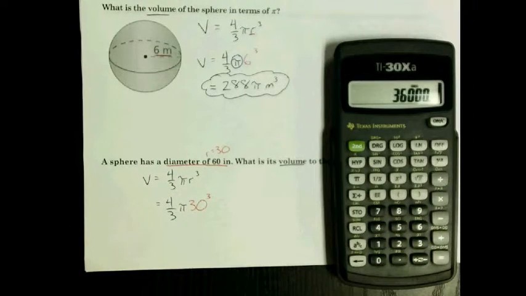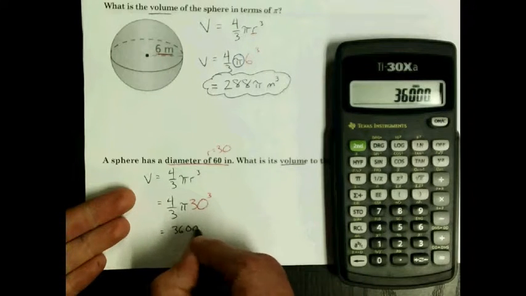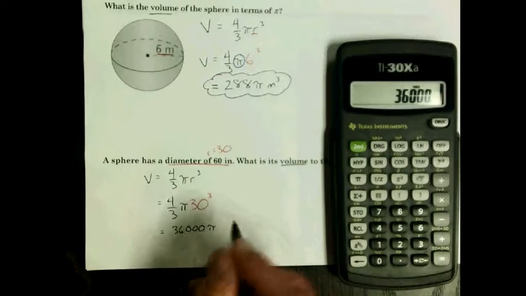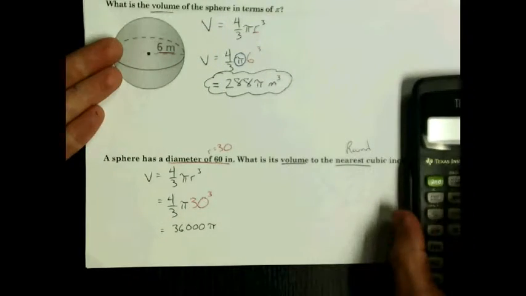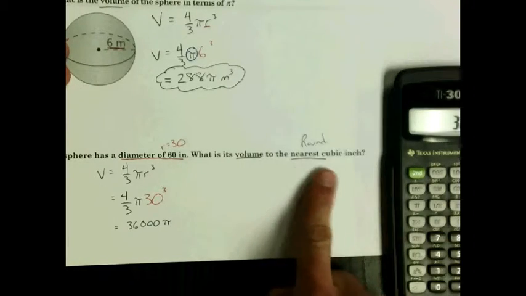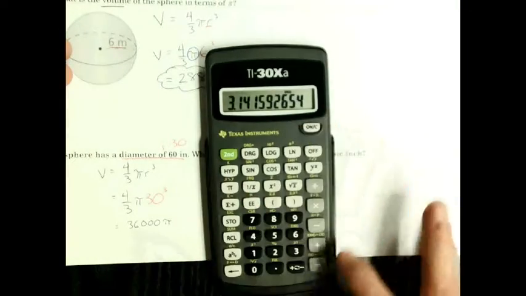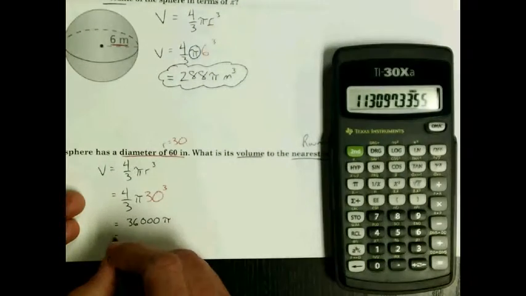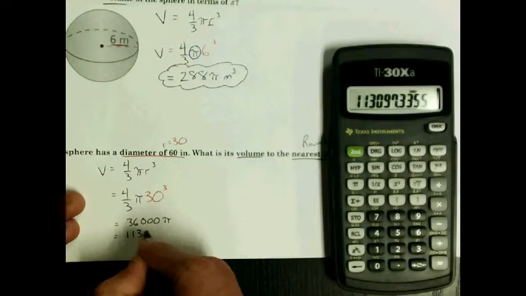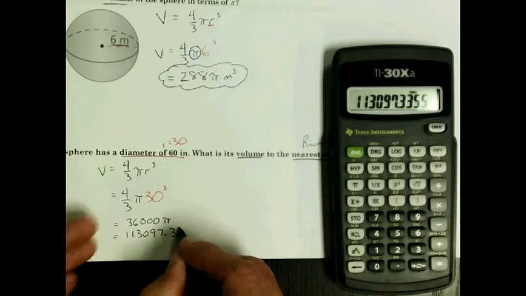Okay, so even if this question were asking for exact value, this is what we would use. It's 36,000 pi, but it's not asking for exact value. This question is rounding to the nearest cubic inch. So we have to remember to read directions. So 36,000 times pi equals, all right? So we have this crazy number, and we're going to round that. 113,097.33.